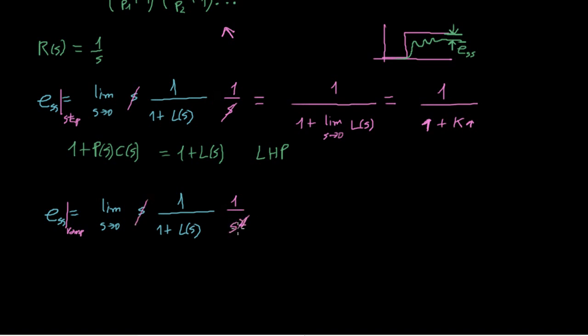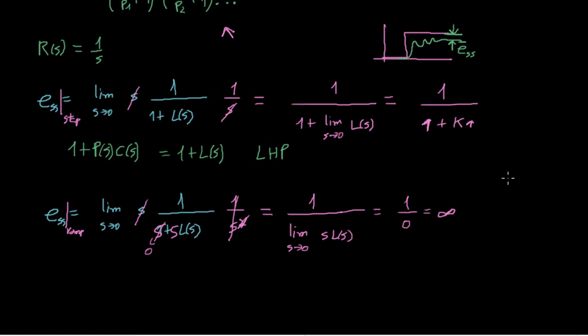So this cancels out with this s squared here, and now this s, let me put it here and here, which means that when we apply the limit, this goes to 0, and we have 1 over the limit when s tends to 0 of s L(s). But since L(s) when s tends to 0 is K, we have here 1 over s times K, and that's 1 over 0 times K, so 1 over 0, which is infinity.